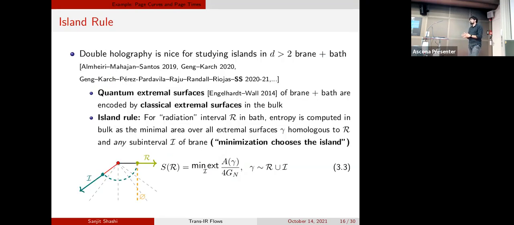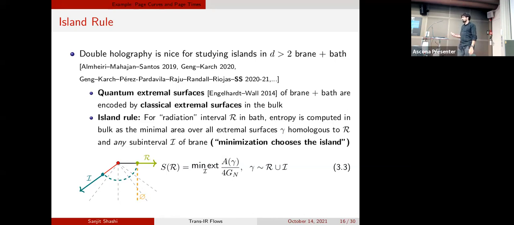And one thing that's nice about double holography is that I can study islands if my brane plus bath theory is greater than 2 dimensions, as follows. Normally, if I want to think about the island story, I want to think about quantum extremal surfaces. So here I'd want to think about quantum extremal surfaces of the brane and bath theory. Those are encoded by classical surfaces in the bulk. So I get this, to leading order in 1 over G Newton, island rule that says if I want to compute the entanglement entropy of some interval in the bath, I can do so in the bulk theory by considering classical extremal surfaces.